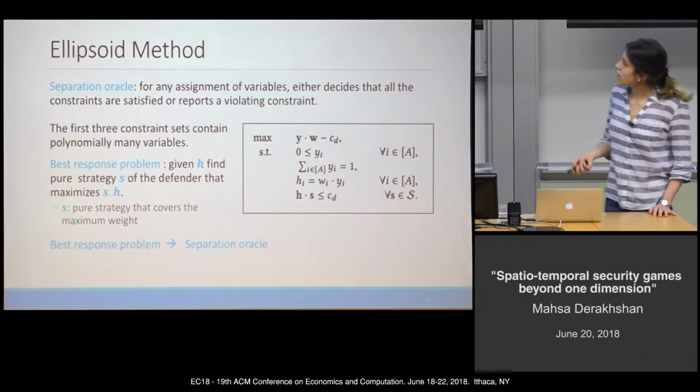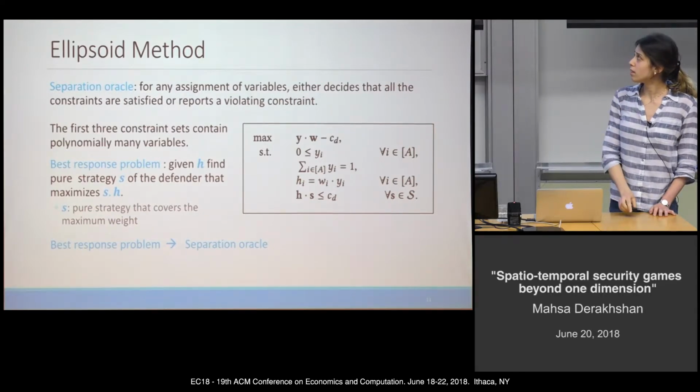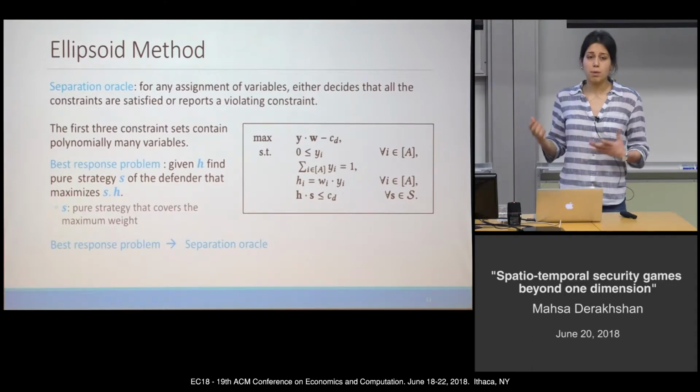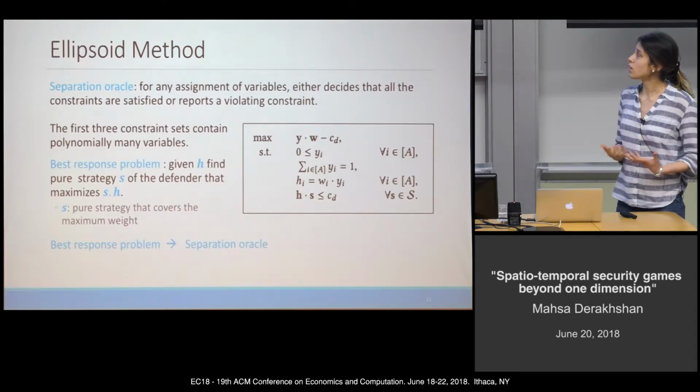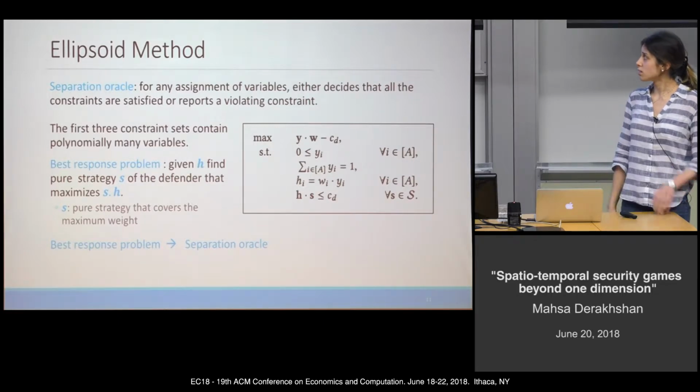To solve the dual form of the LP, we use the Ellipsoid method. For that, we need an algorithm for the separation oracle that for any assignment of variables either decides that all the constraints are satisfied or reports a violated constraint.